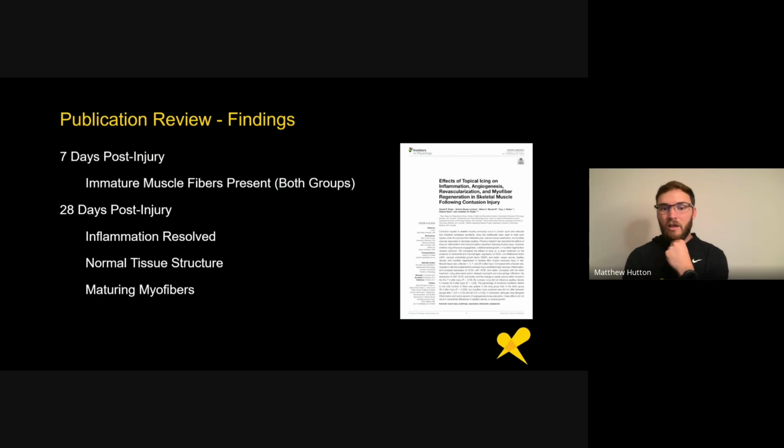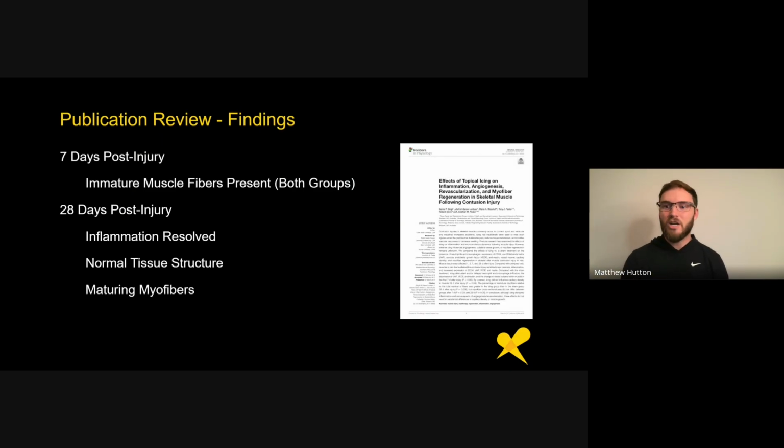They made an argument that it was subjective because they didn't have any kind of objective count or measure of this, but they made the argument that they thought that the myofibers were less mature in the ice group, and I think they said there was the lack of a centralized nucleus in these cells.